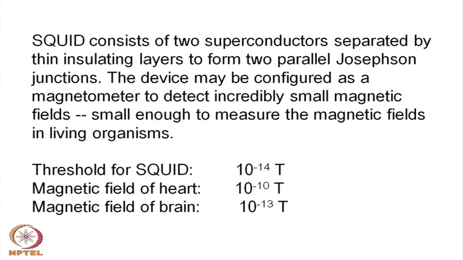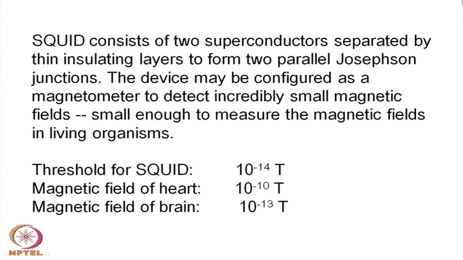There are SQUID magnetometers available. They are not only used for medical diagnostics, but also for other measurements in physics experiments. SQUID magnetometers are also available for measuring the magnetic characteristics of different materials with very high sensitivity.